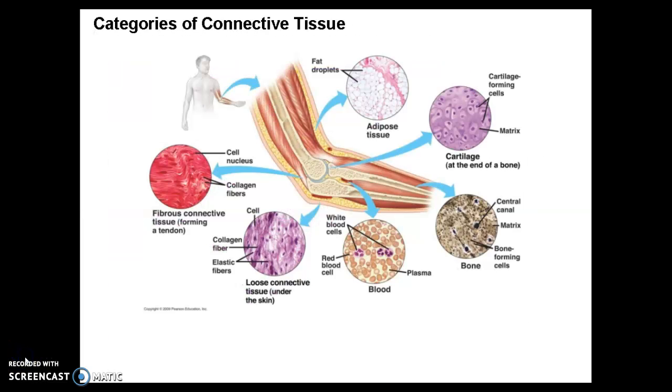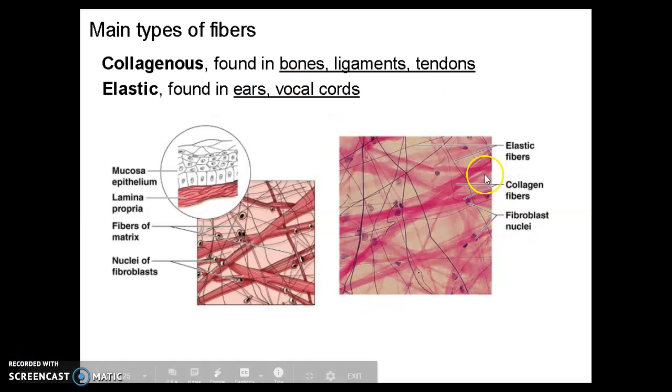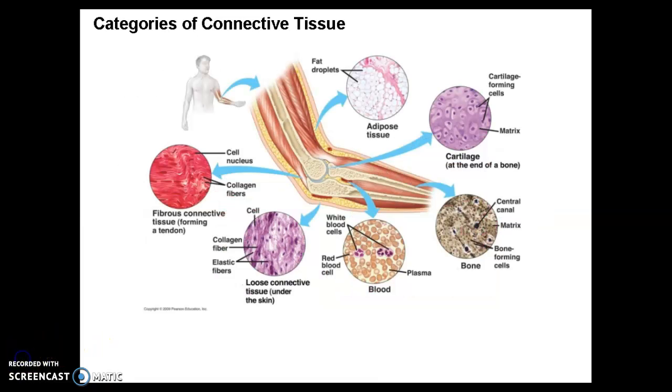Here are the different categories of connective tissue. First, we have the tissues that make up what's called the connective tissue proper. These connective tissues look very similar to this generic connective tissue that we were looking at earlier, with some slight differences. And these are fibrous connective tissue, loose connective tissue, and adipose tissue, also known as fat.